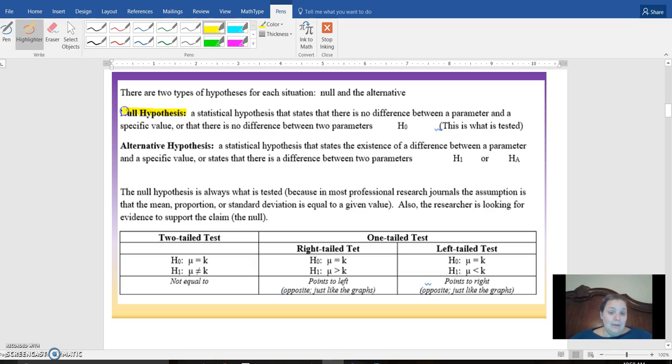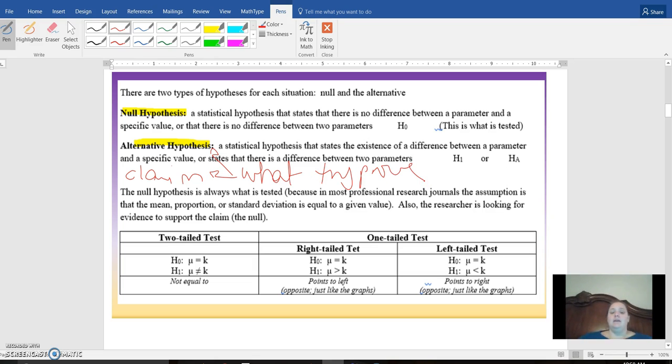There's the null hypothesis, and there's the alternative. The alternative is also called the claim. It is what you're trying to prove. If I'm trying to prove or claim that yes, there is an increase in blood pressure for people who drink energy drinks, that's what I'm trying to prove.